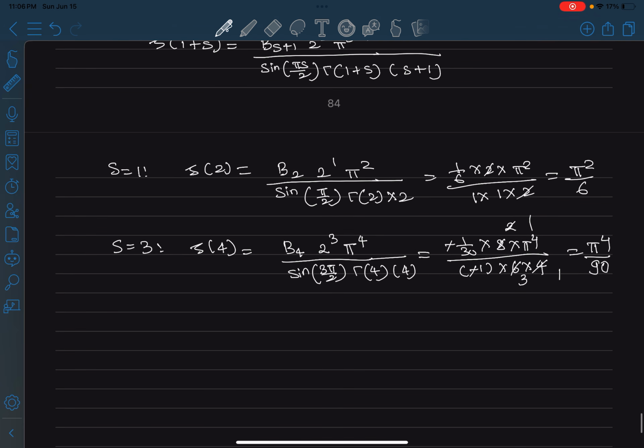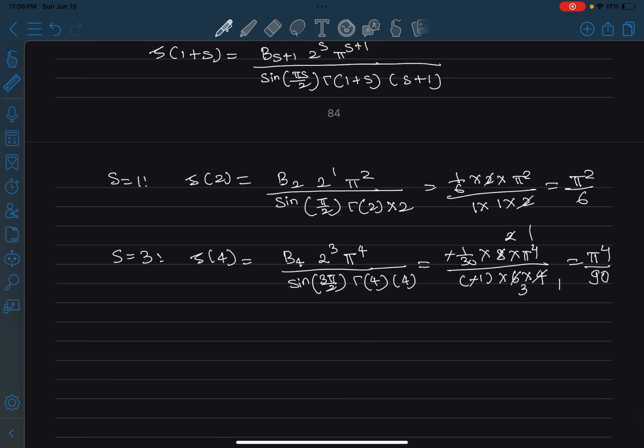And now you might want to proceed and find zeta of 3. Let's substitute s equals 2, right? What happens? So zeta of 3 will then be Bernoulli subscript 3, 2 to the power 2, pi to the power 3, divided by sine of, this is now just pi, gamma of 3 times 3, right?